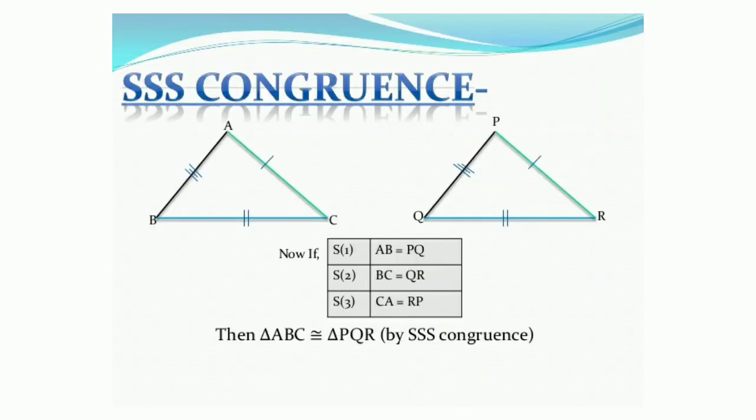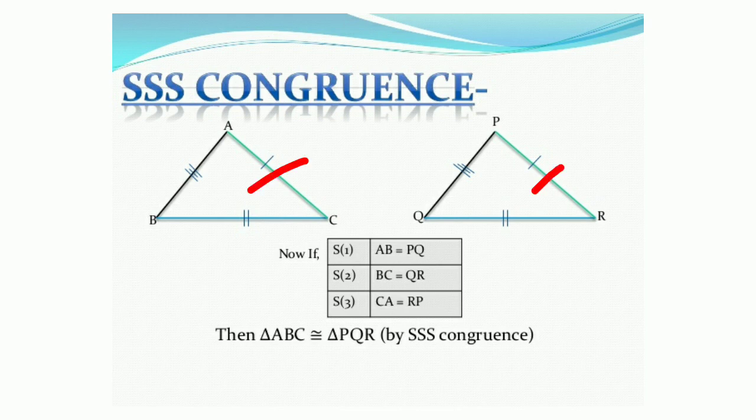The next congruence rule is SSS. What is meant by SSS? Side, side, side. That means the three sides of one triangle are equal to the three sides of another triangle, so the two triangles are congruent. See the picture.